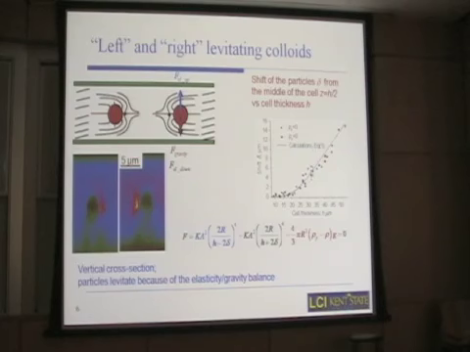And you would see that for relatively thin cells, the particle is almost in the middle of the cell, like for this 20 micrometers thick cell. And it just stayed there. It's interesting that if you make your particle bigger, then it would levitate even better, because the elastic force goes as r to the power of 4, and the gravity is obviously proportional to the volume.